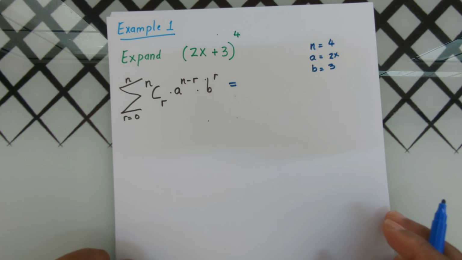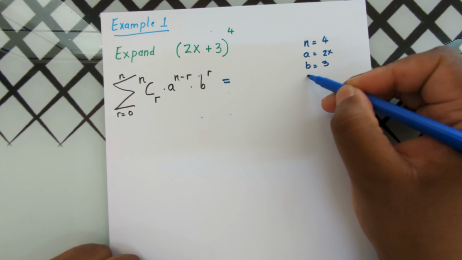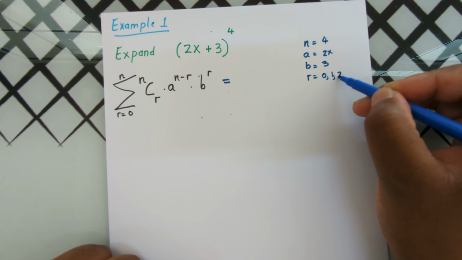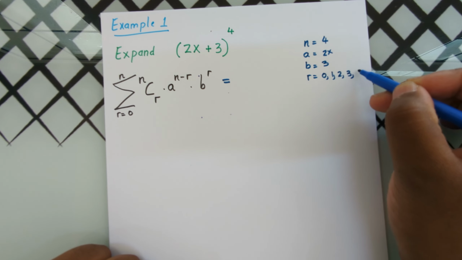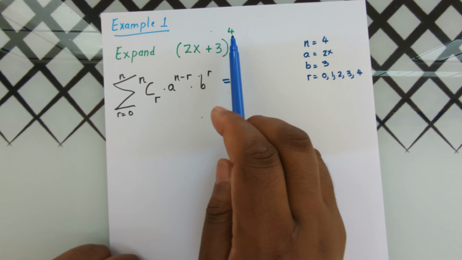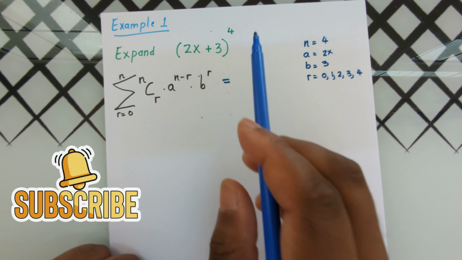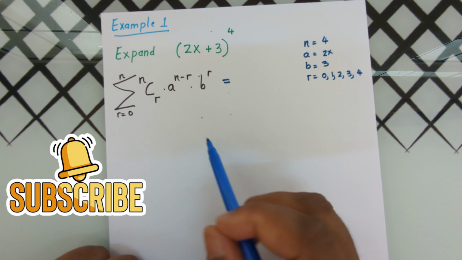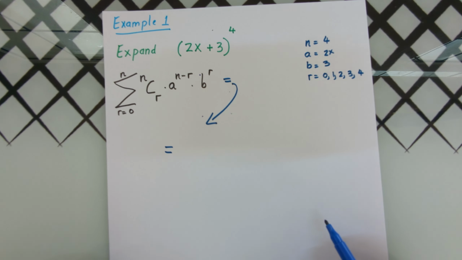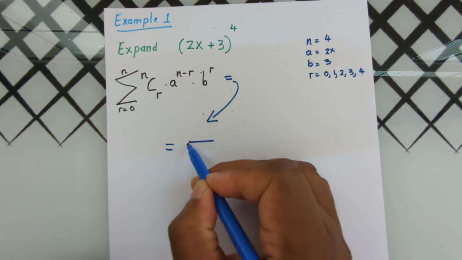And our r is going to change from 0, it goes to 1, it goes to 2, it goes to 3, and lastly it goes to the given exponent, which in this case is 4.